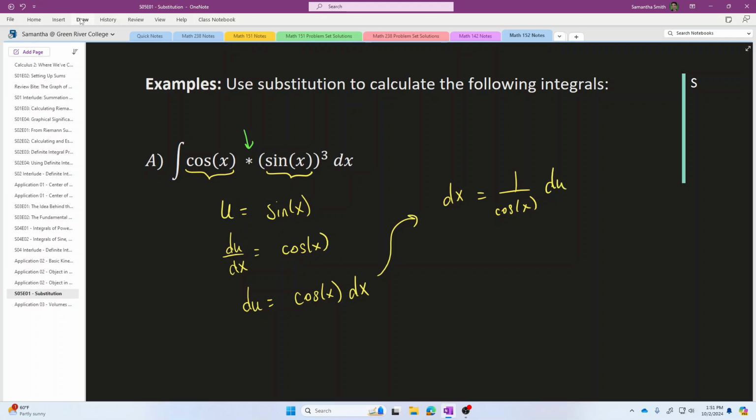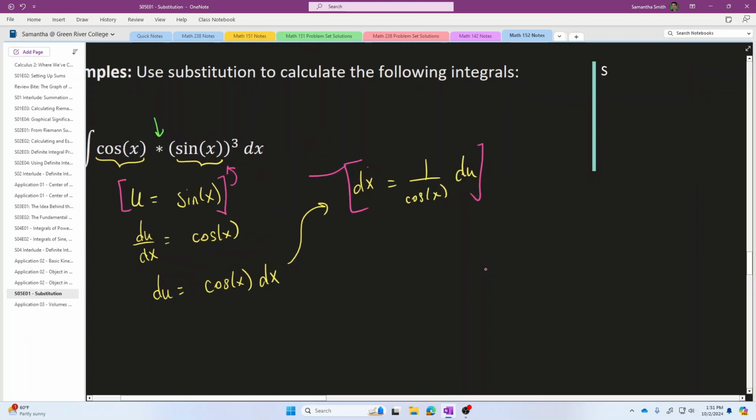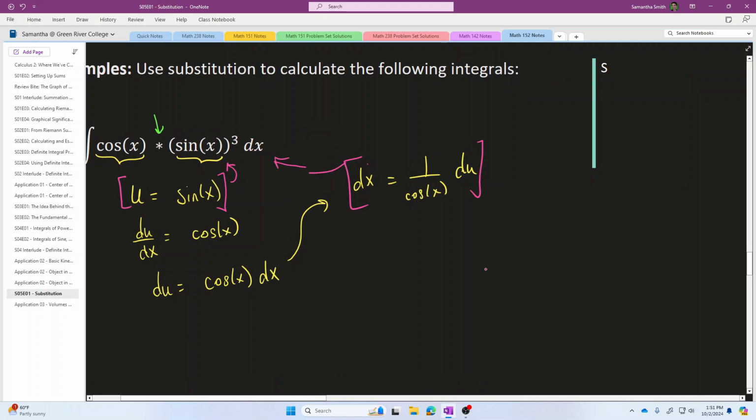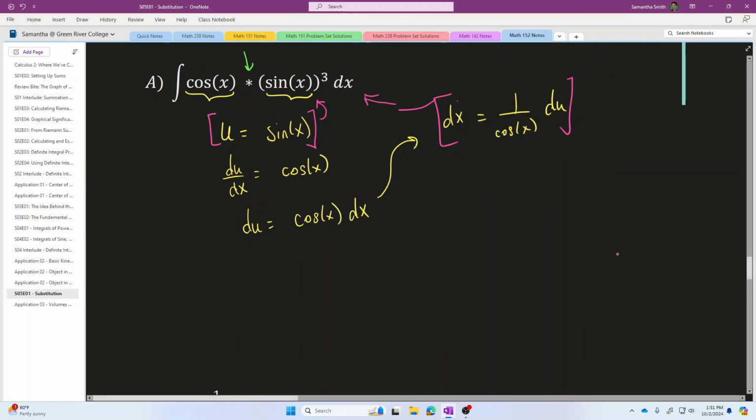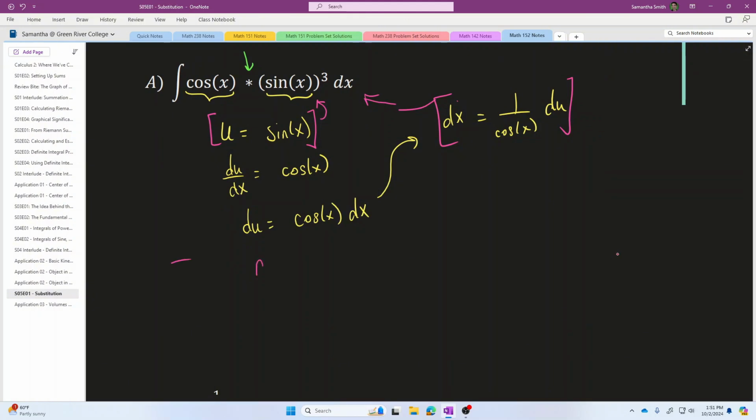What's nice about this setup is that if I go ahead and replace this sine of x cubed with u quantity cubed, and if I go ahead and replace this dx in the back with this expression I've just written down here, 1 over cosine du, then in this situation, I will have the integral of cosine of x times u to the power 3 times 1 over cosine x du.